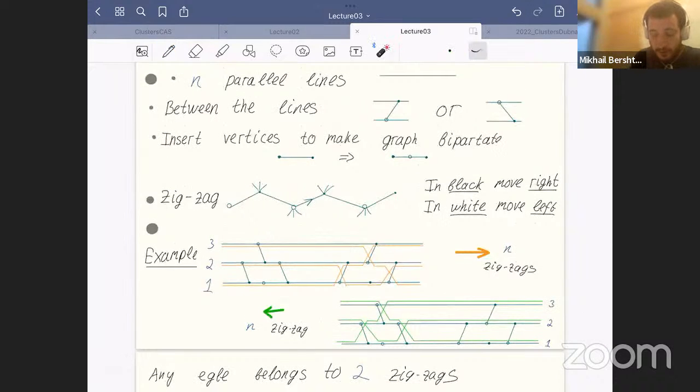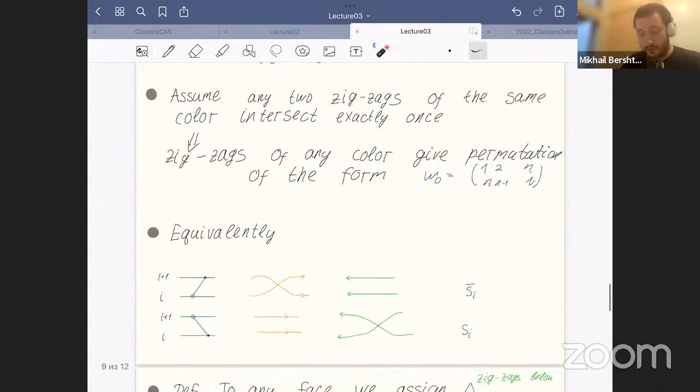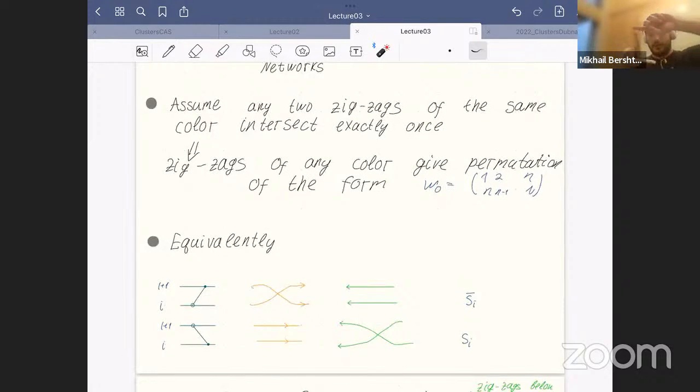Again, here we have 1, 2, 3, but after the end 1 is the largest, 2 in the middle, 3 at the bottom. And similarly for green. This follows from the fact that any two zigzags intersect only once. For any two, if their starting points are i and j, then the corresponding zigzags intersect once, so their order will be changed, will be opposite.